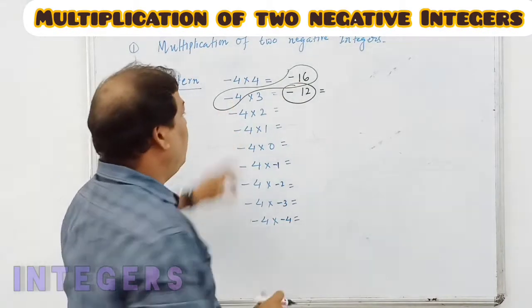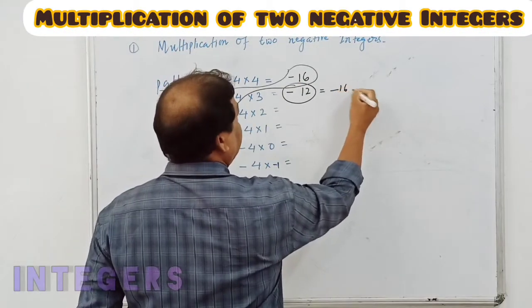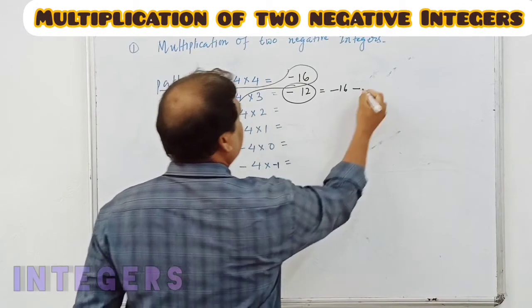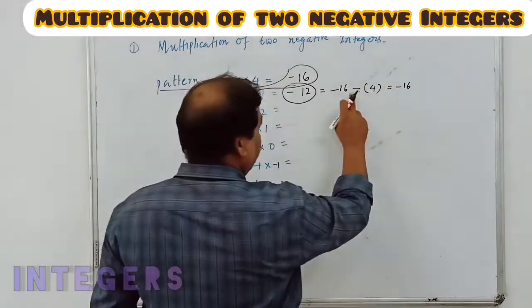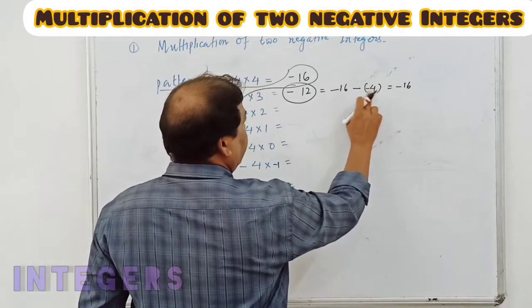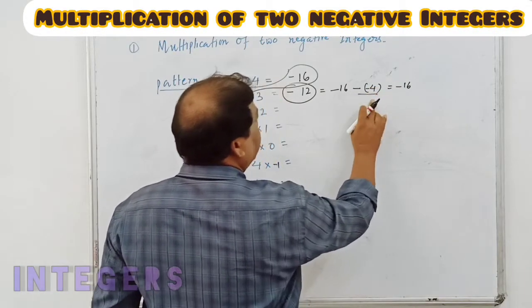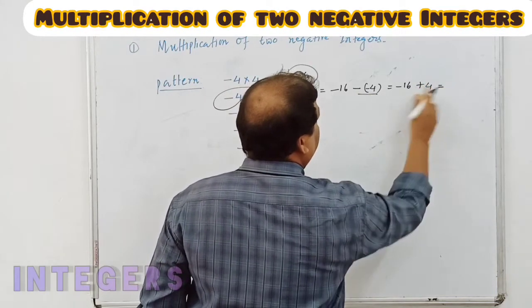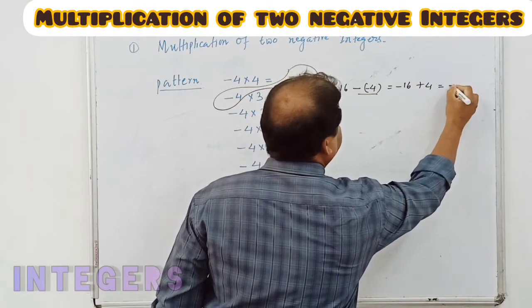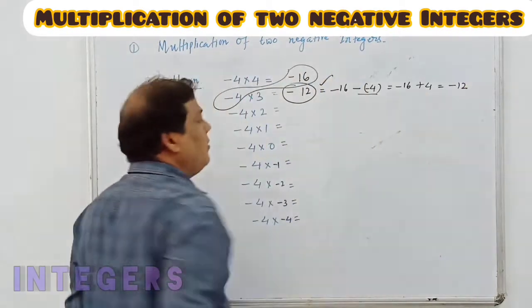Subtracting minus 4 means adding its additive inverse, which is 4. Minus 16 plus 4 is minus 12. So here is minus 12.